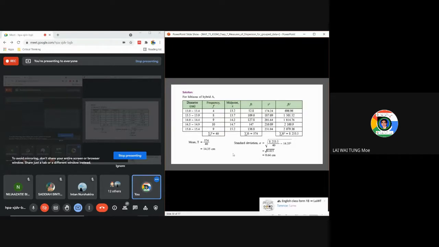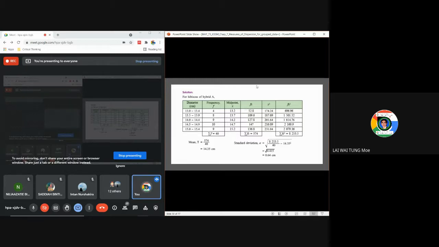You can get the answer. Or before that, you can also key in all this frequency and midpoint into the calculator, and then just press the button to get all this answer. It also can be accepted.